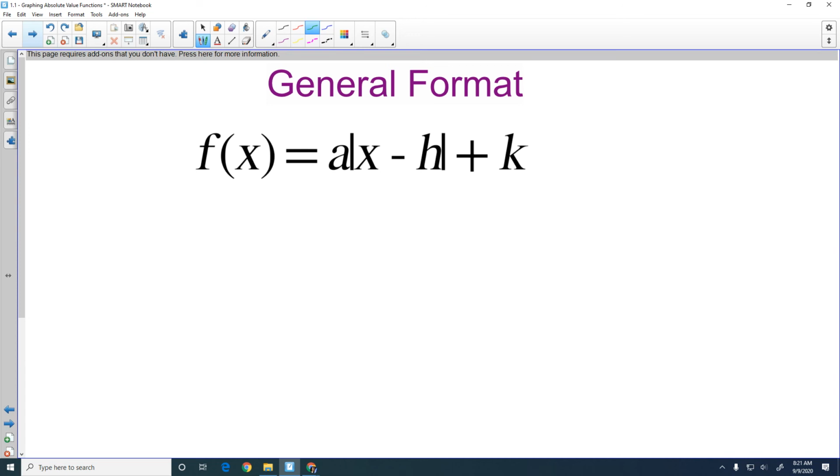f of x equals a, absolute value of x minus h, close the absolute value, plus k.